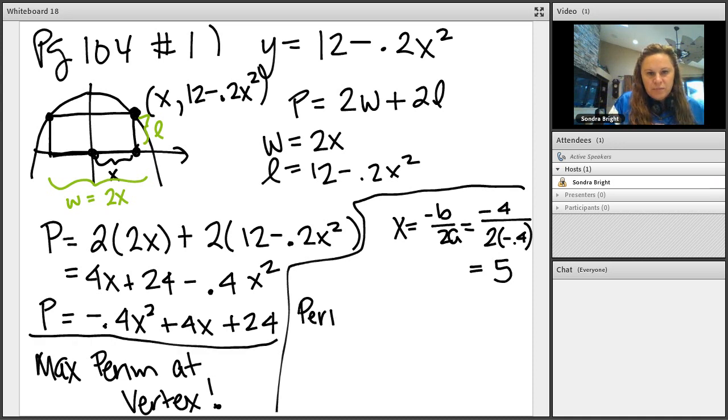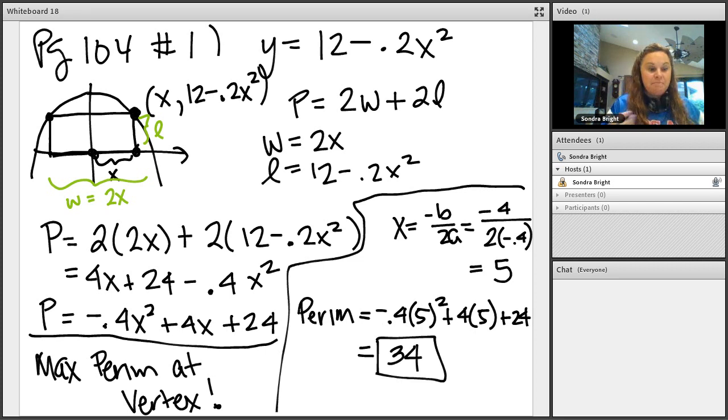So the perimeter is going to equal, you plug in that 5: negative 0.4 times 5 squared plus 4 times 5 plus 24, which will end up giving you 34, and that will be the maximum perimeter for this rectangle. If they gave me units, I didn't write them down.